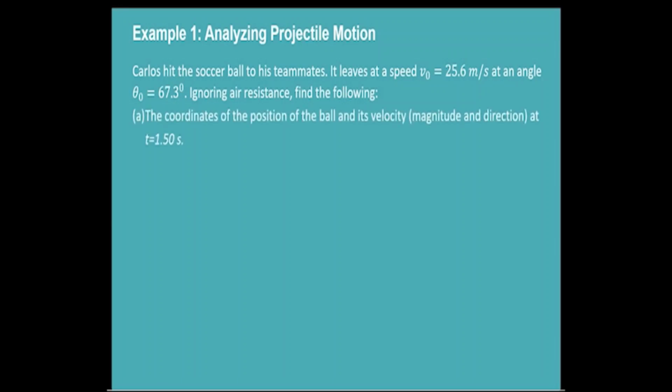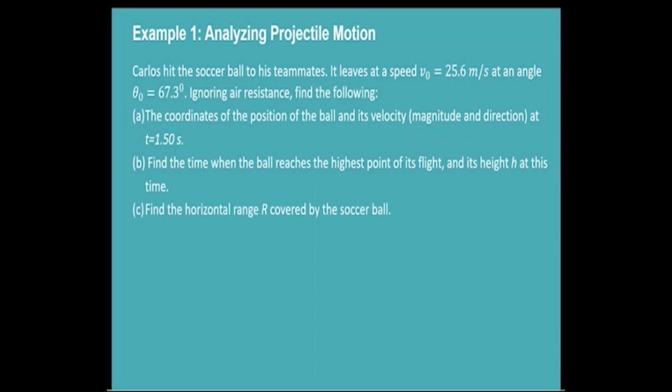Letter A. The coordinates of the position of the ball and its velocity, or magnitude and direction, at t is equal to 1.50 second. Letter B. Find the time when the ball reaches the highest point of its flight and its height h at this time. Letter C. Find the horizontal range covered by the soccer ball.